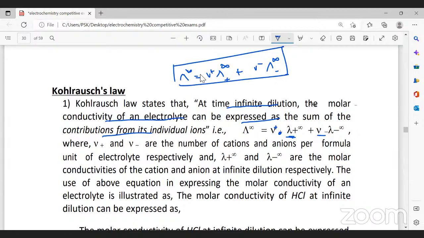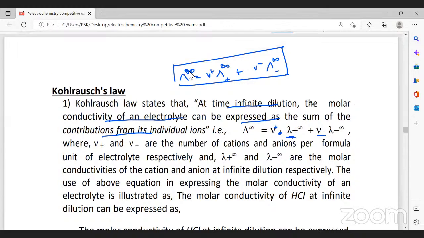Here it is a little confusing. Lambda infinity, molar conductance at infinite dilution, is equal to the sum of contributions from its individual ions. Now, nu plus and nu minus are the number of cations and anions per formula unit of electrolyte respectively, and lambda plus infinity and lambda minus infinity are the molar conductivities of cation and anion at infinite dilution respectively.